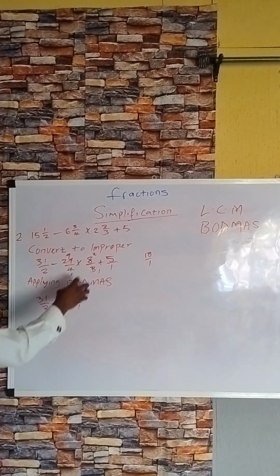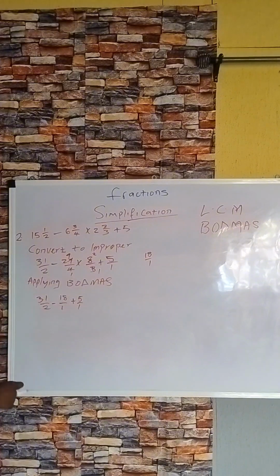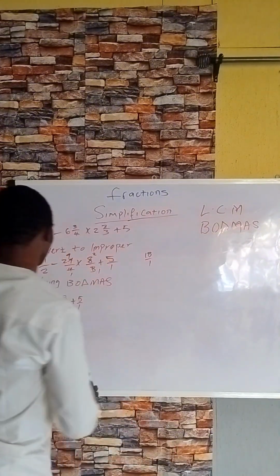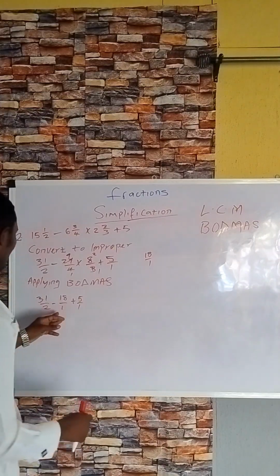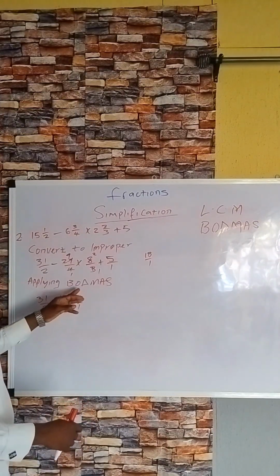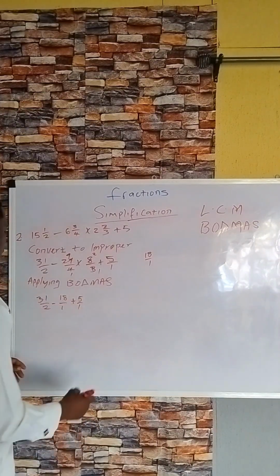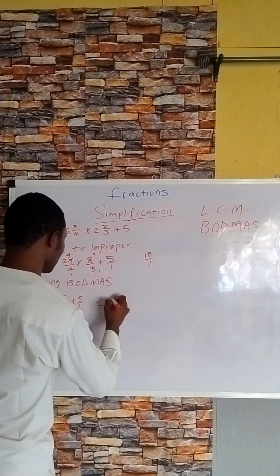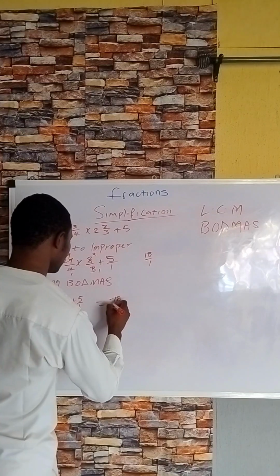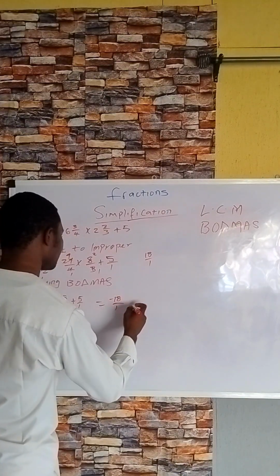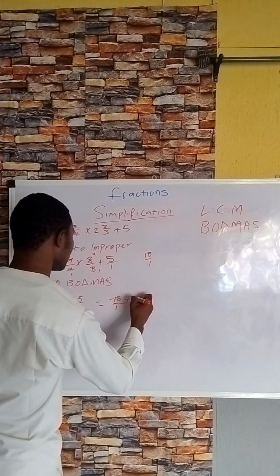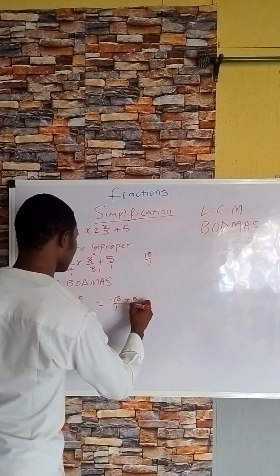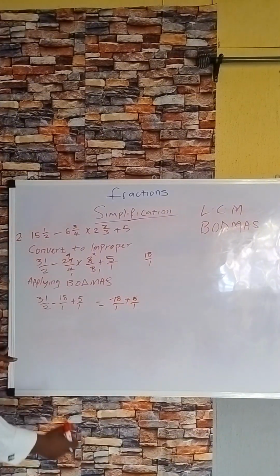Transfer this one here and remove this one, so it becomes this. So the next thing we are going to do is addition, right? So we are going to add minus 18 over 1 plus 5 over 1. So what is the LCM of this?